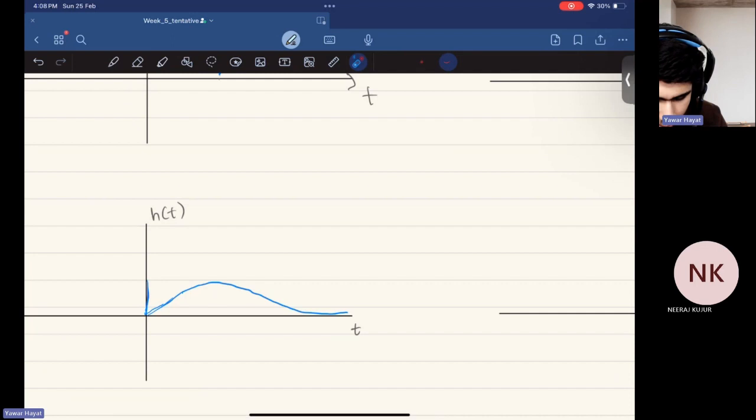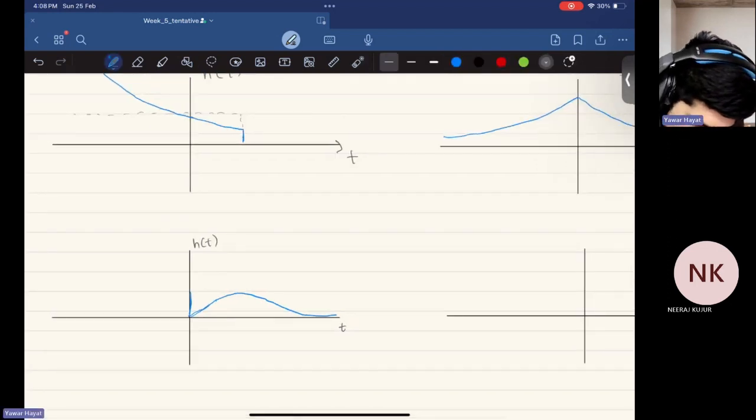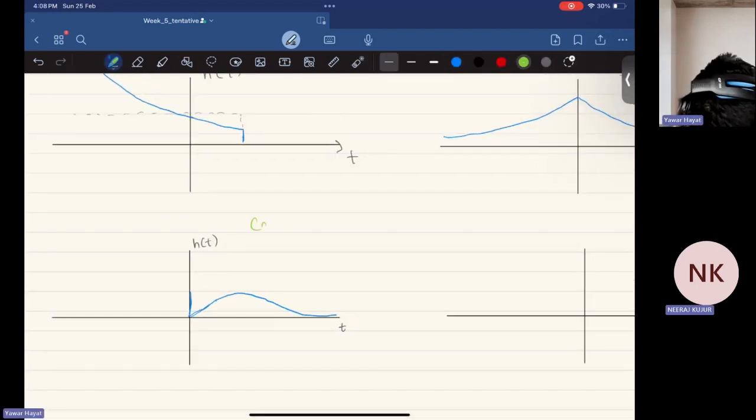Even if we have a very large value of t, it is converging, not diverging. So this would be stable. So this is causal and stable.